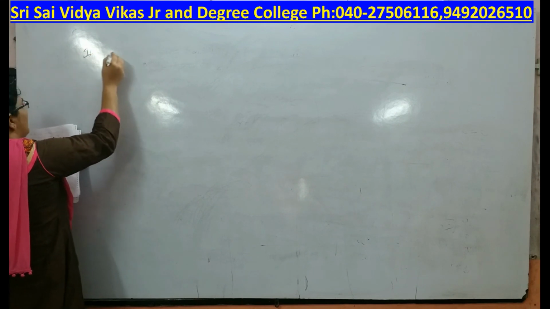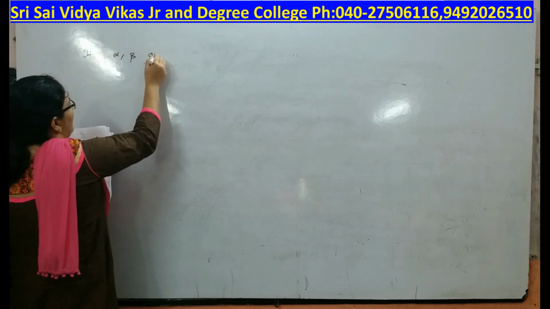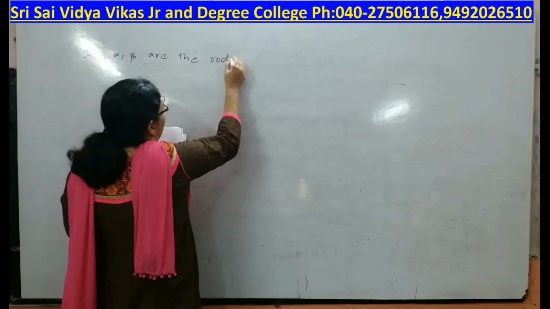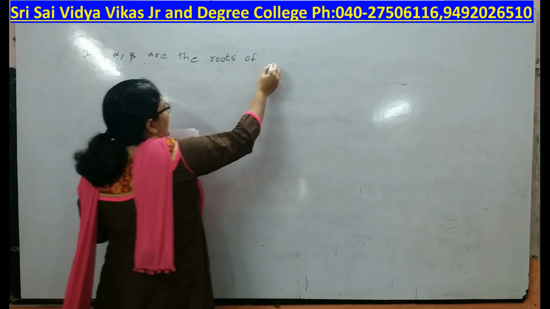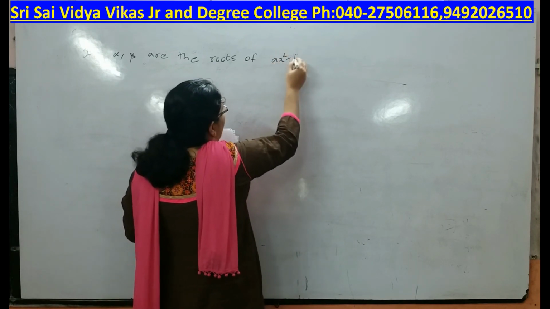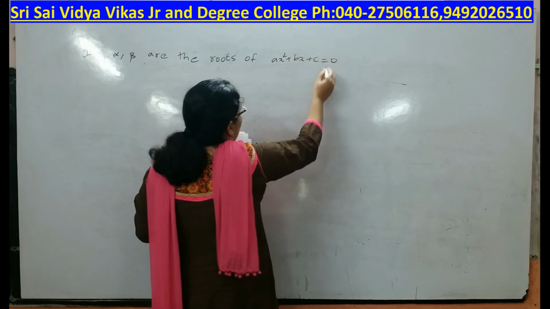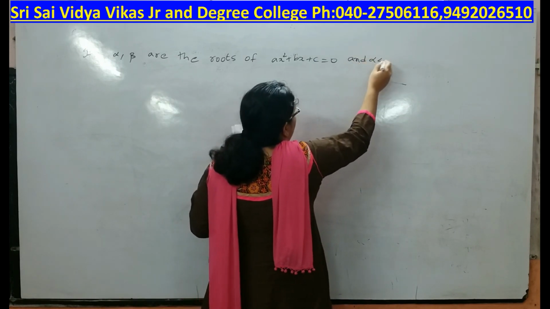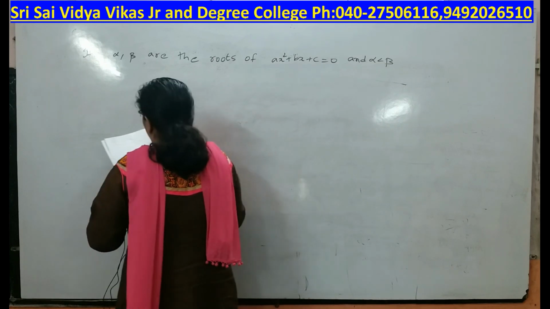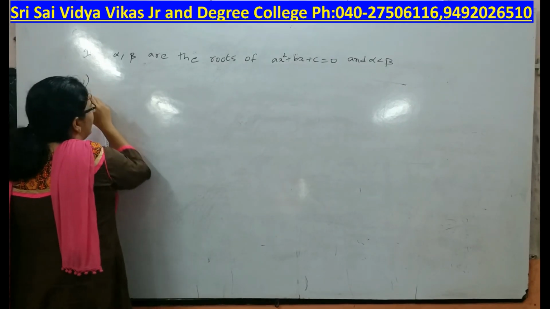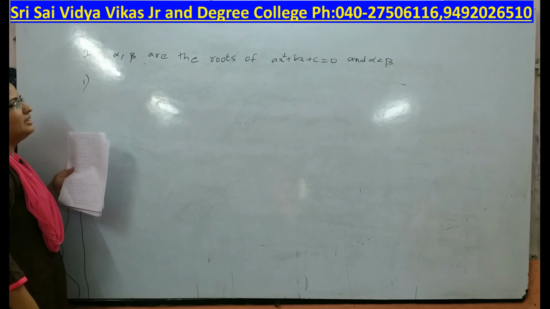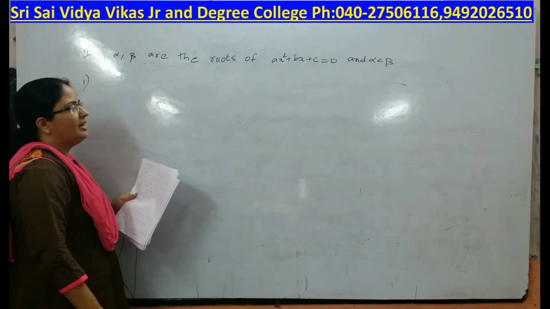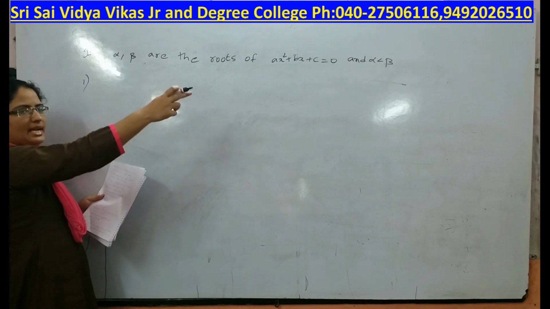If alpha comma beta are the roots of ax square plus bx plus c is equal to 0 and alpha less than beta. First condition, if this is the case, given what is given, alpha and beta are the roots of the equation ax square plus bx plus c, and alpha is less than beta.